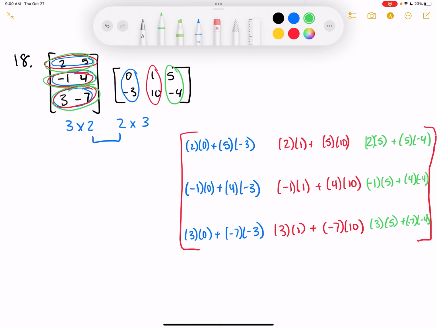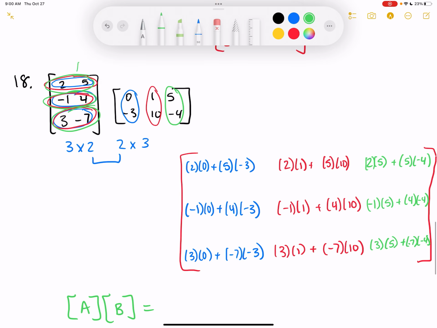While you're typing those in, again, when you're going to do it on your calculator, you need to show me that you're multiplying matrix A times matrix B. Like show me that you're calling this one A and this one B.